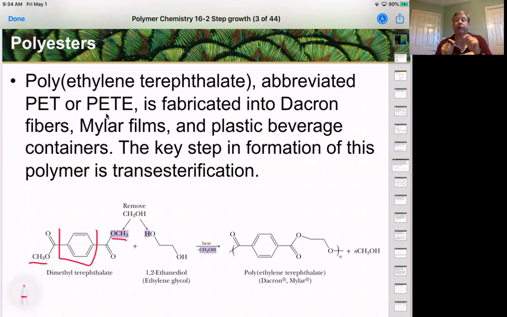And then we react it with a higher boiling alcohol, in this case, ethylene glycol, or 1,2-ethane diol, and it gives off methanol as it goes, because methanol boils at 50 degrees, and we end up with our polymer right here. Now, again, this is PET, or polyethylene terephthalate, and we can use it as a fiber, a film, or a molding bottle.